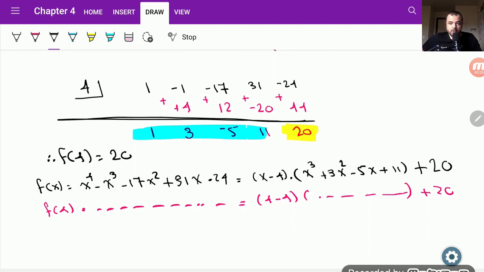You have large numbers, and what's going to be easier is the synthetic division. So here you're going to get 0 times whatever plus 20. So the answer is going to be 20. So f of 4 is going to be 20.